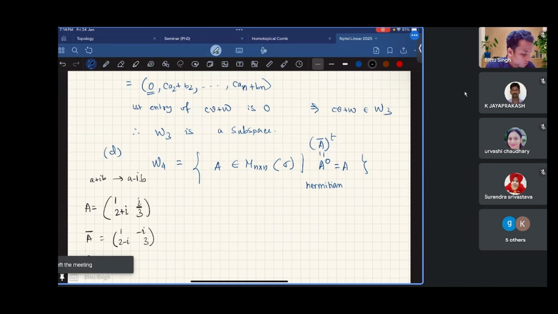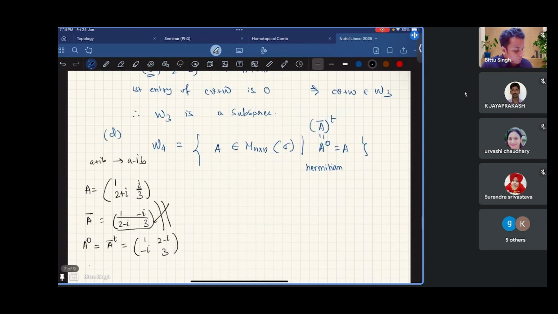So A-star is given by the transpose of A bar: first row becomes first column and second row becomes second column. So this is the conjugation and transpose. From here it is clear that A-star and A are not equal, right? So in this example, A is not a Hermitian matrix.